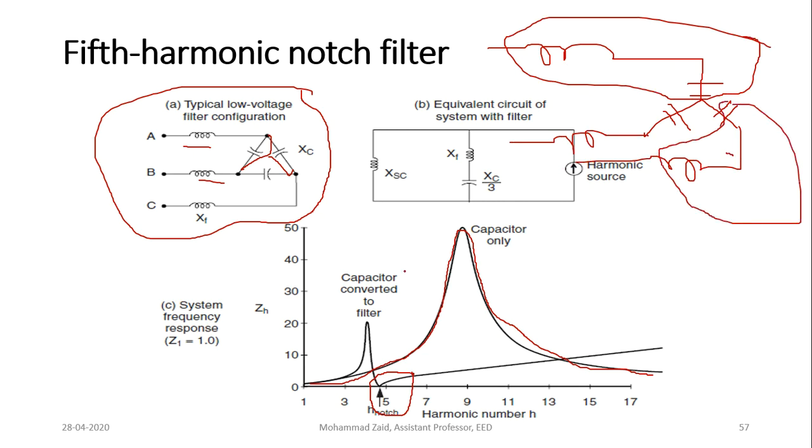Now when it is converted into a filter, the advantage we get is that we get a minima, and this minima is the minimum impedance offered by this branch to a particular harmonic. For example, this is giving minimum impedance very close to the fifth harmonic. That means if it is properly designed, the fifth harmonic will be eliminated from the system. Otherwise, if you are using only a capacitor, then the capacitor will not be enough to behave like a harmonic filter.